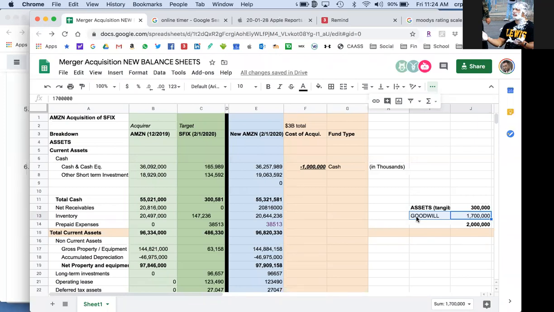This is why it's so hard for you guys to do the merger and acquisition. In the balance sheet, it's theoretical. Apple doesn't have to prove 1.7 billion. What Apple has to put on their balance sheet is 300 million in Beats assets and 1.7 billion in Beats goodwill. This is what it looks like.